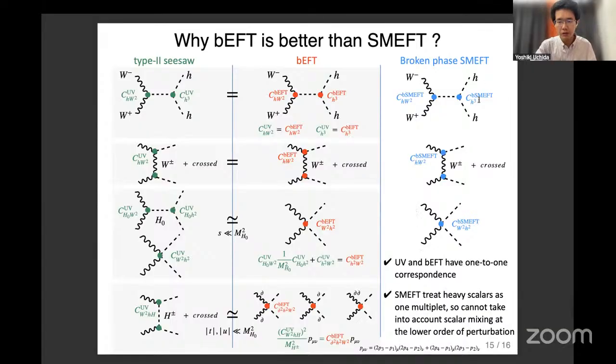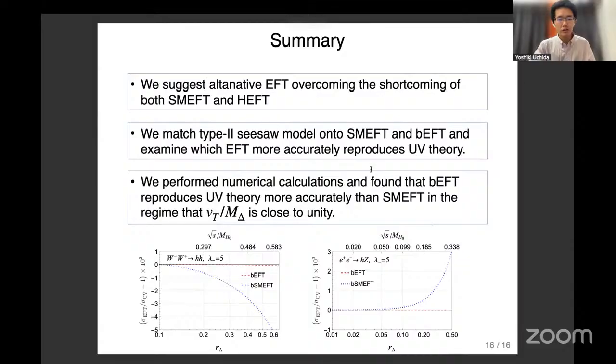So in the broken phase SMEFT, there's only this diagram, and the H0 mediated diagram and the H plus minus mediated diagram are described by only one diagram like this. So this is why the broken phase effective field theory is much better than the SMEFT.